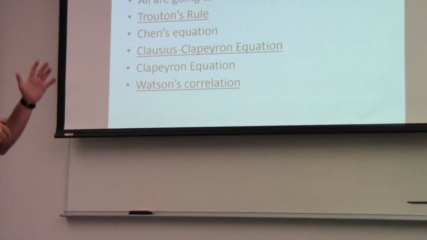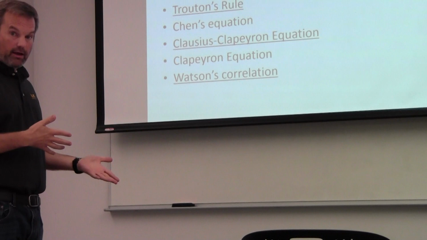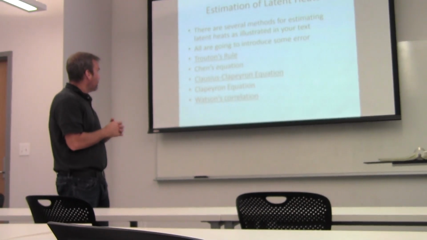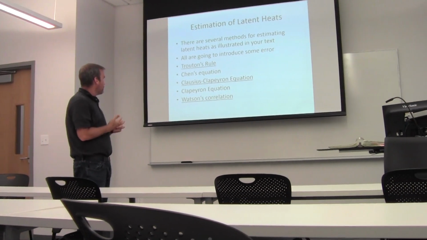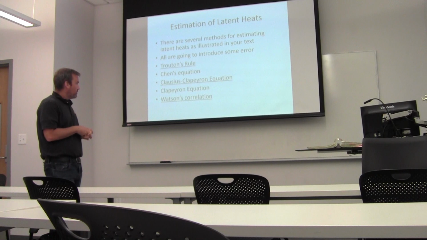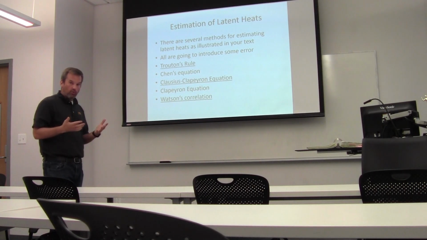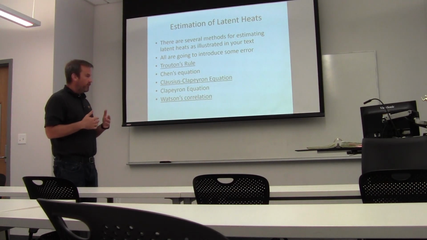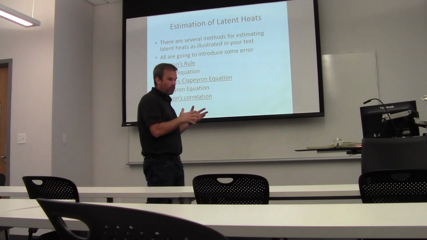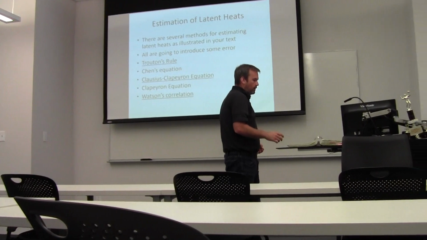Any one of these estimations you use is going to introduce some error, and you'll see that more in your Thermo 1 class. But you can check out in your book, they describe a few of those: Trouton's rule, Chen's equation, Clausius-Clapeyron equation, the Clapeyron equation, Watson's correlation. All these take into account the species, and they give you a way to estimate the latent heat. They're not as good as the methods we just used, but they're quicker and give you a good estimate.